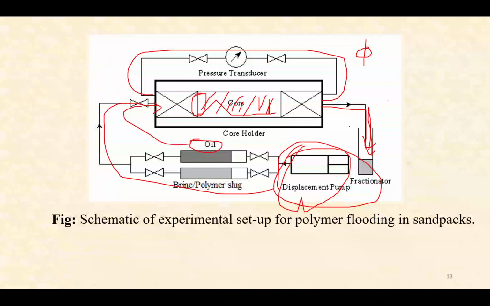Now you have to analyze this collected sample. You have to allow some time for it to settle, so that you can get how much volume of water and how much volume of crude oil is there.